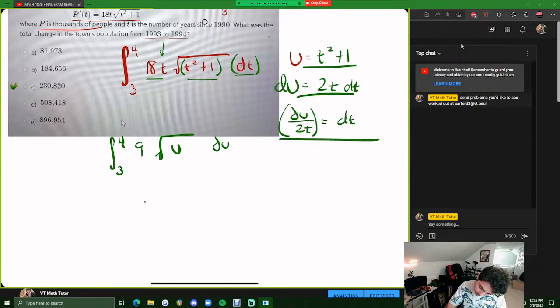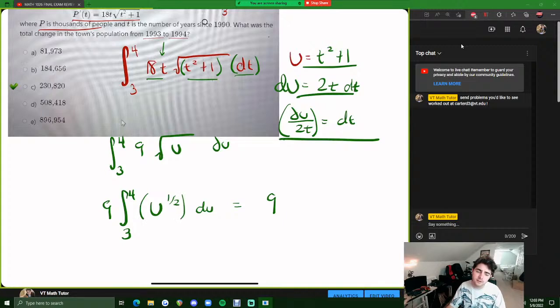Before we take this antiderivative, we could pull the 9 to the outside since it's a constant. We could rewrite the square root of u as u to the 1 over 2 du. Rewriting it like this allows us to take the antiderivative like a regular power function. So we add 1 to the exponent. 1/2 plus 1 is 3 over 2.